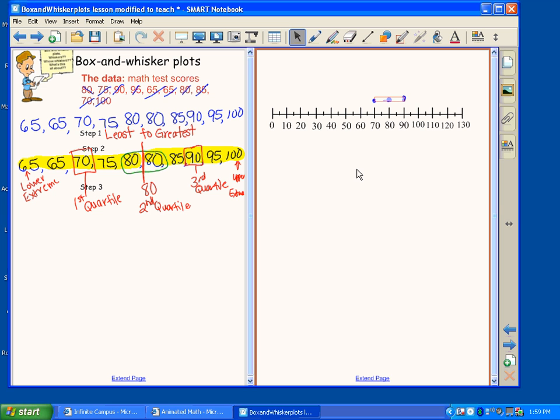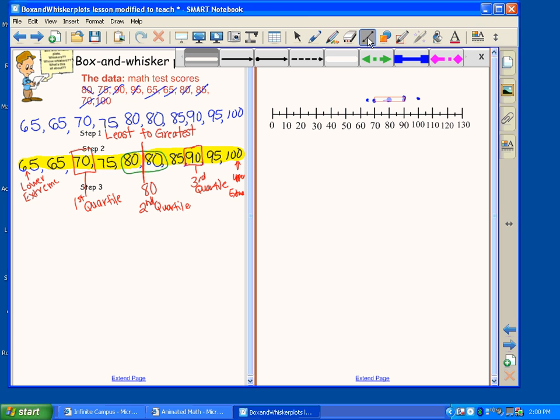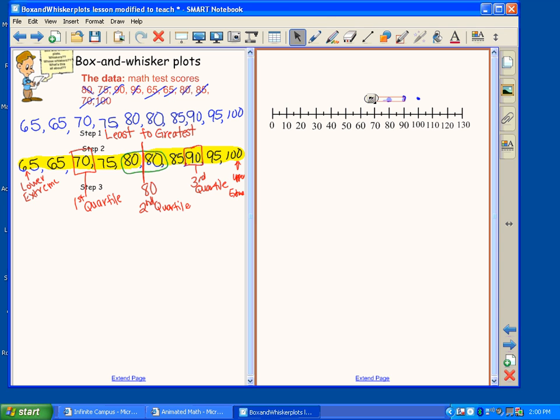Everybody understand that? Now I make my whiskers. So where do I make my dots for my whiskers? On the lower side, 65, and 100. Okay? And now I extend to make my whiskers. Can't see it because it's light. I'm going to change it. Okay.